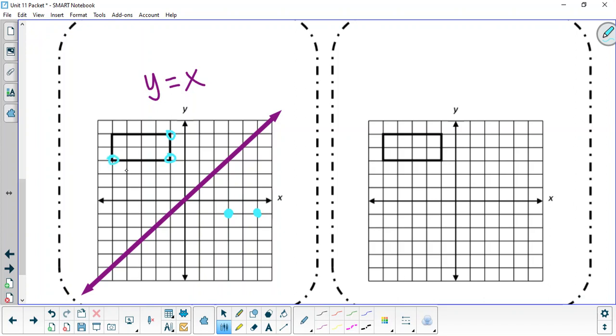Here we're diagonally 1, 2, 3, 4. And my last one, diagonally 1, 2, 3, 4, 5. And then you connect your dots.